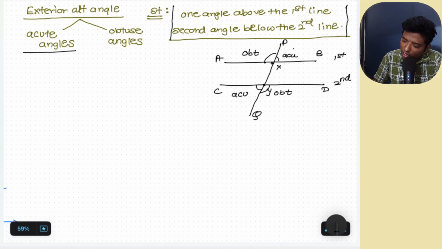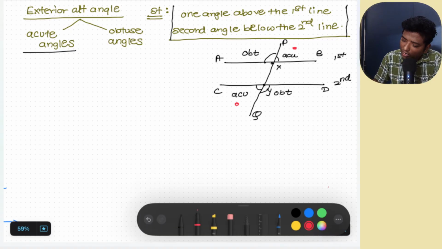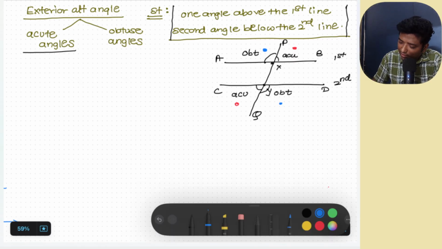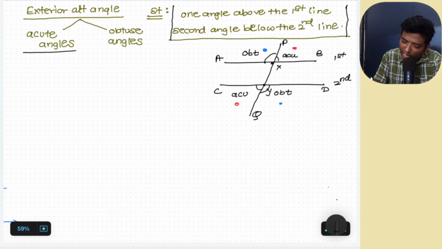Acute will go with acute, and obtuse will go with obtuse. That's it. Let's take the names. For the acute we have x and below it y q, one pair of acute angles.